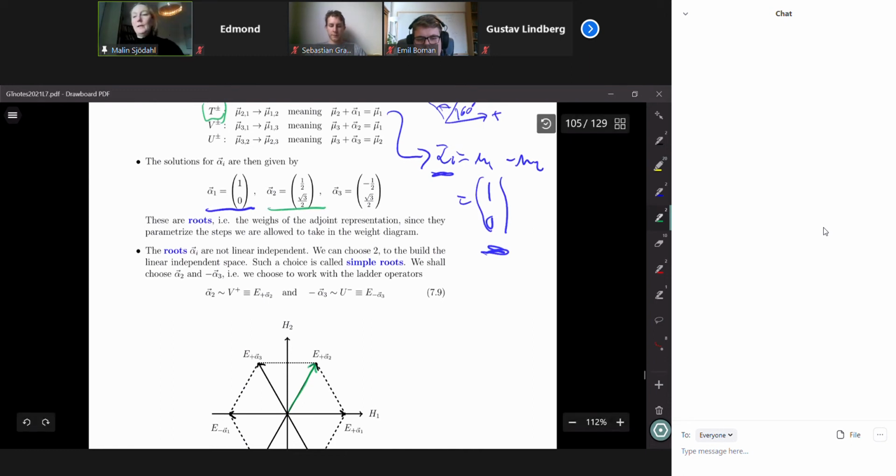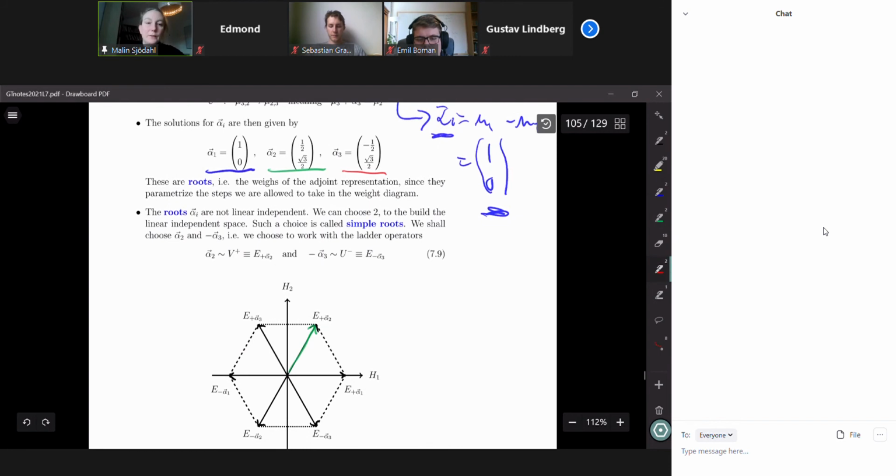And then we take minus alpha 3. So this is our alpha 3, and our minus alpha 3 is pointing in this direction. So we take those two, and we want to build up the lattice of points in this space using the root vectors.